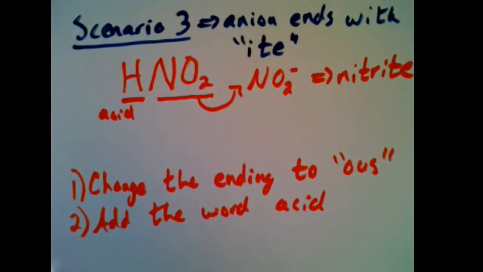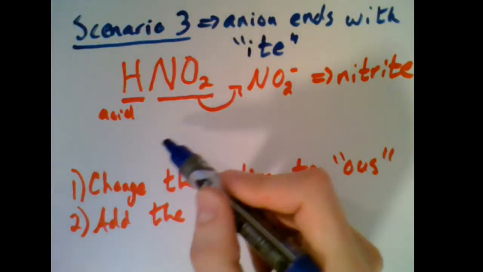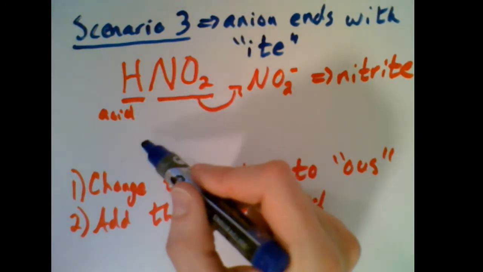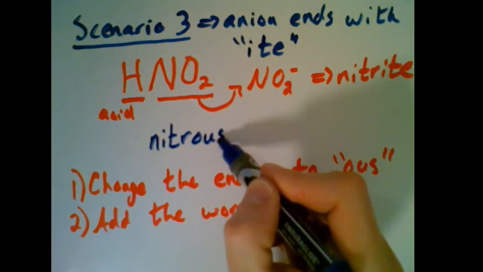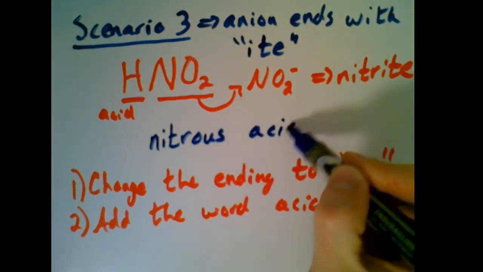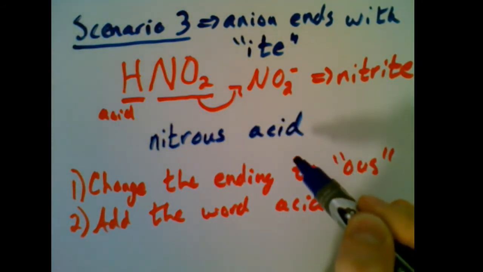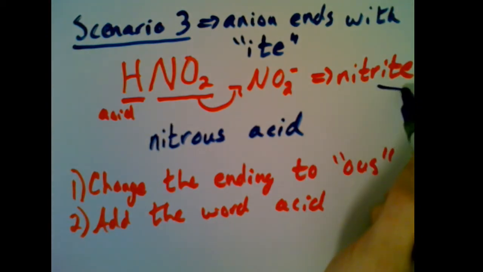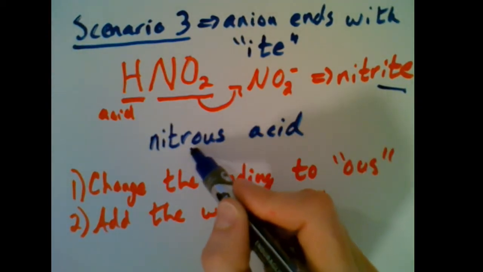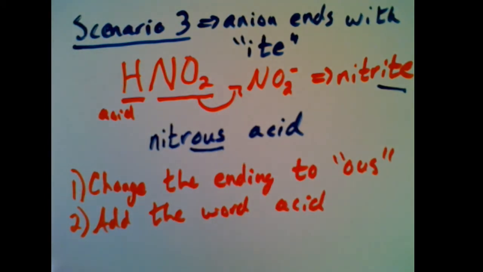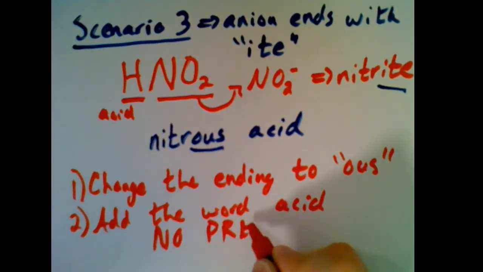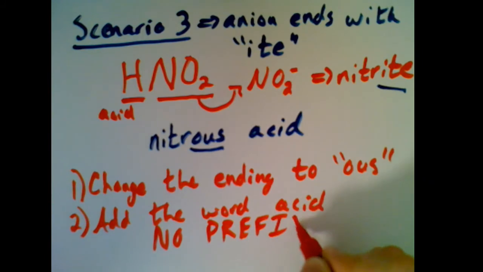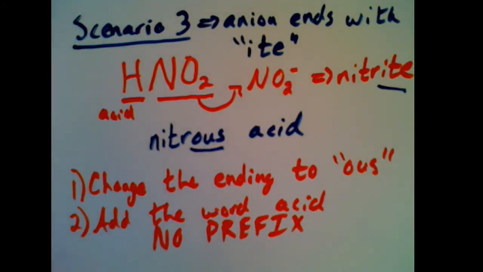So when I'm dealing with nitrite and I'm writing its acidic name for HNO2, what I would write is nitrous acid. You see that ITE ending becomes the OUS ending. The other thing I hope you notice here is there is no prefix. So the prefixes are only for the IDE ending.